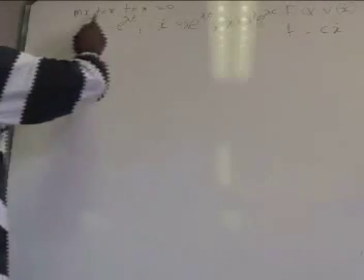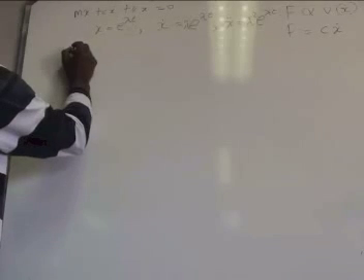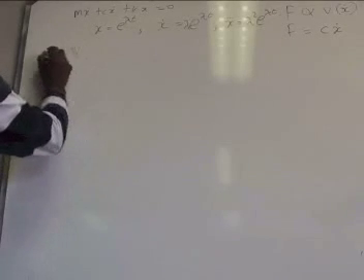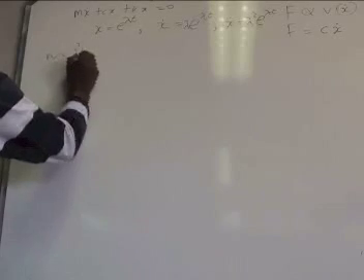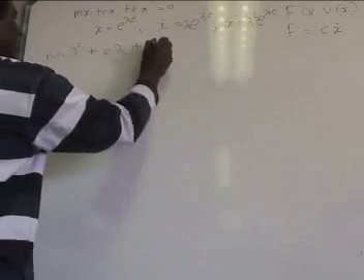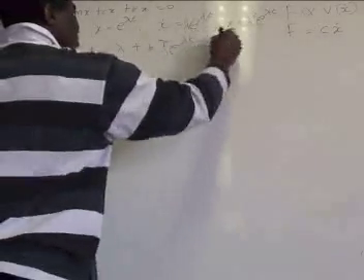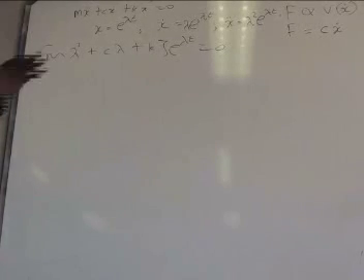And if we now substitute into our expression, then we are going to have m lambda squared plus c lambda plus k is equal to 0.